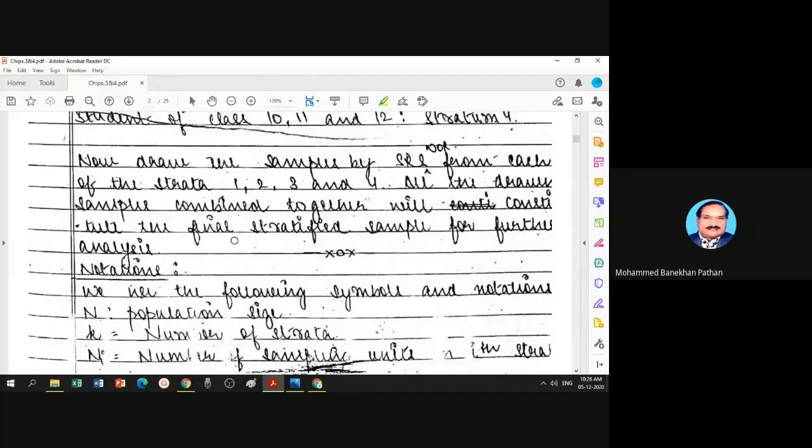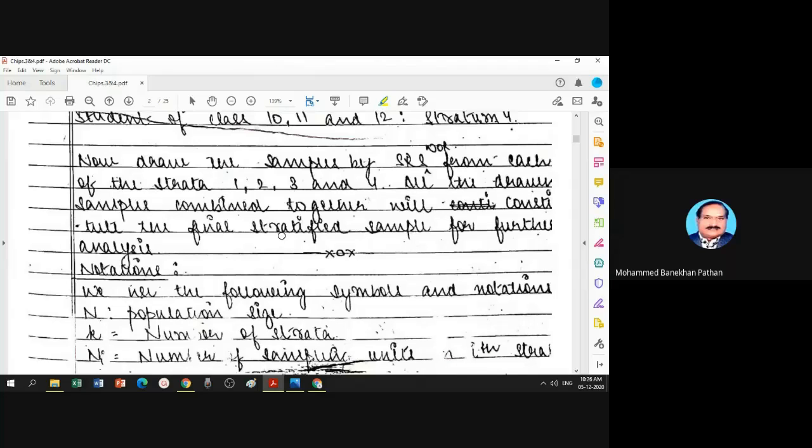I think you understand the concept of stratified random sampling. Again, I repeat, you divide the heterogeneous population into different groups. Then from every group, draw the separate samples without replacement.